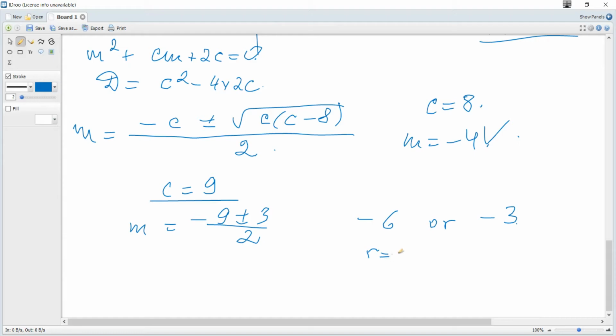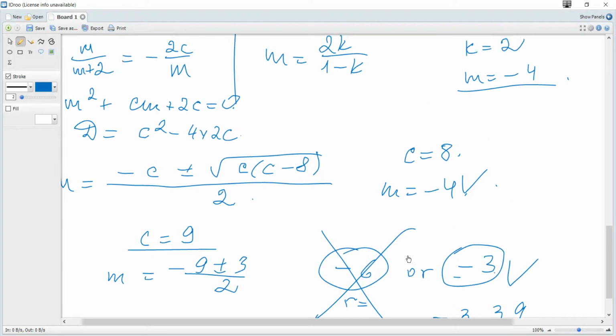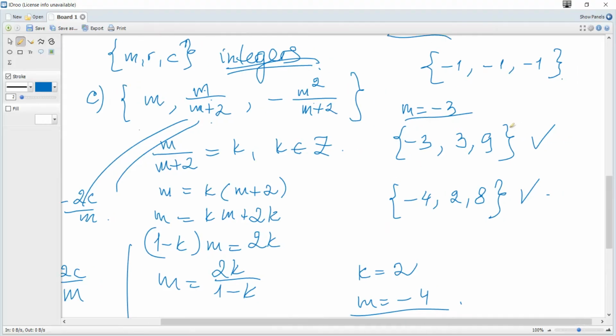You may check these values for m, and one doesn't form an arithmetic sequence, and the other forms an arithmetic sequence, and you get -3, 3, 9. So the two required answers, or two required sets, are these.